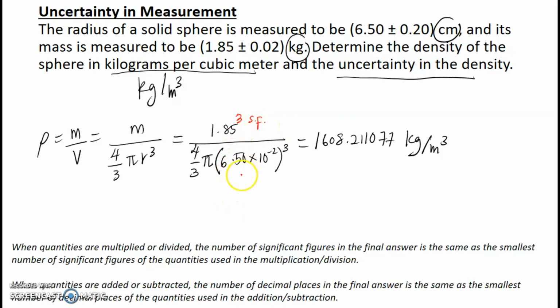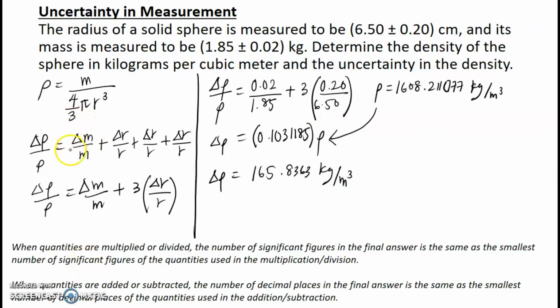For the radius, it will also be 3 significant figures. With that, our final answer for density must also be in 3 significant figures. So I will be underlining the first 3 numbers, and then we need to round this up so that it suits these 3 significant figures. The value for the density can be written as 1.61, by rounding 8 here, times 10 to the power of 3 kilogram per meter cube.